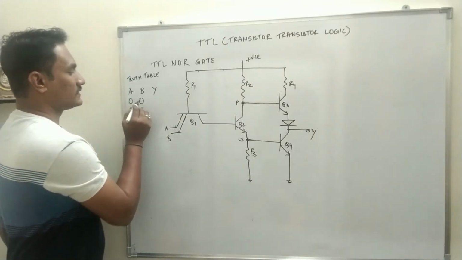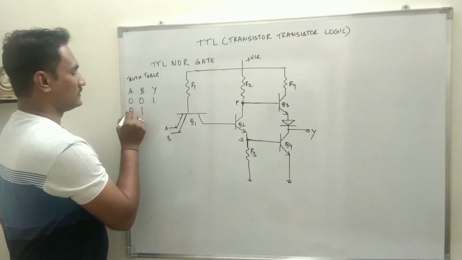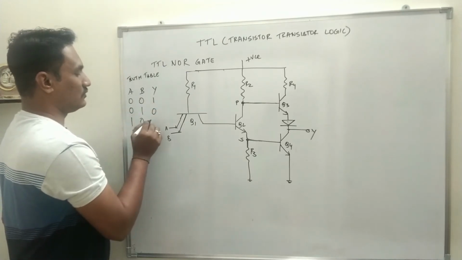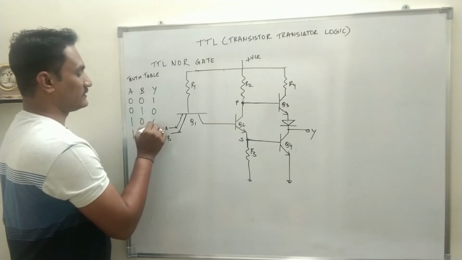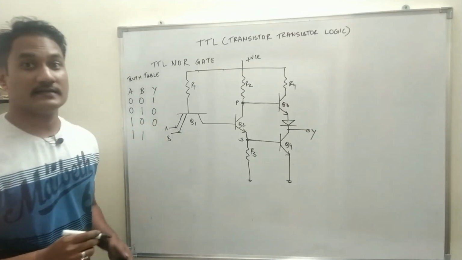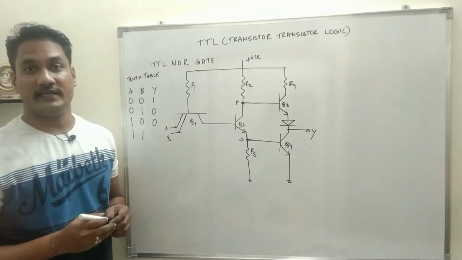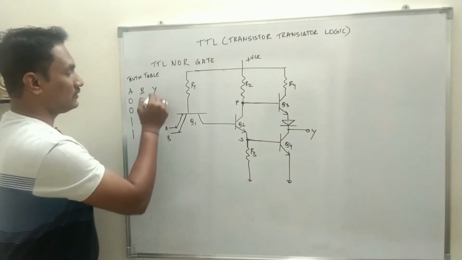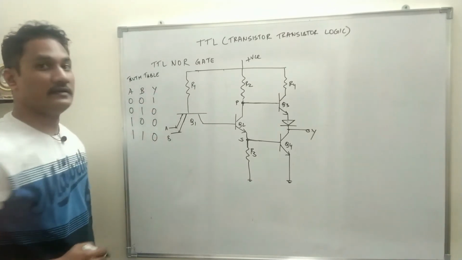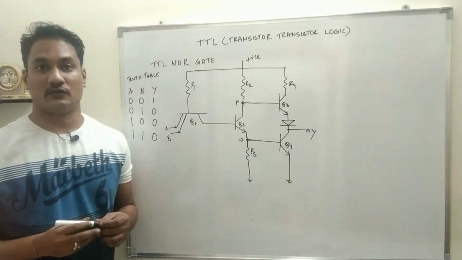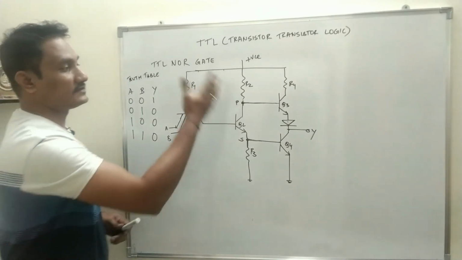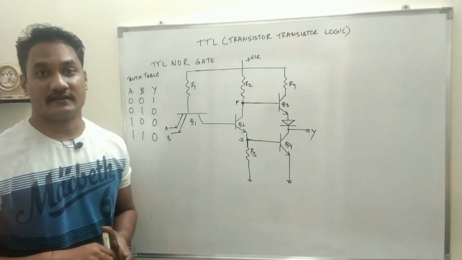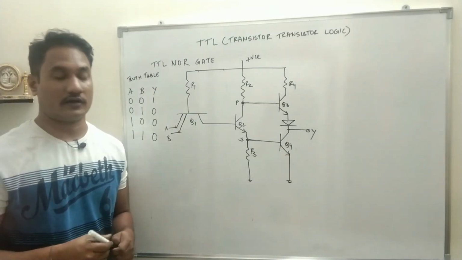So 0 plus 0 is 0, inverse 1; 0 plus 1 is 1, inverse 0; 1 plus 0 is 1, inverse 0; and 1 plus 1 in OR logic will be 1, and inverse will be 0. So NOR gate is supposed to provide such an output: 1, 0, 0, 0. So let us design a NOR gate circuit and try to understand if that circuit gives such an output or not.